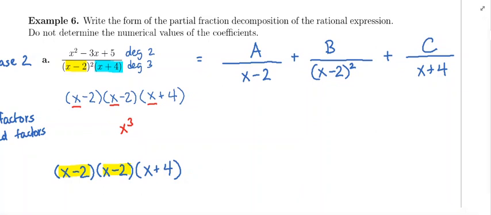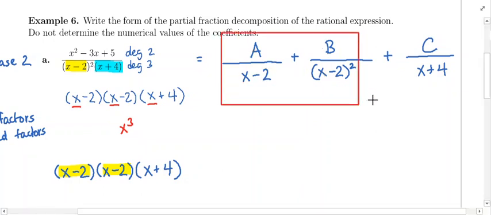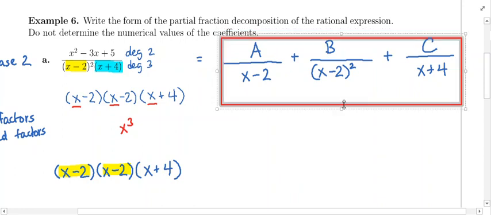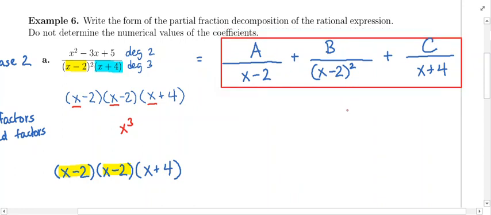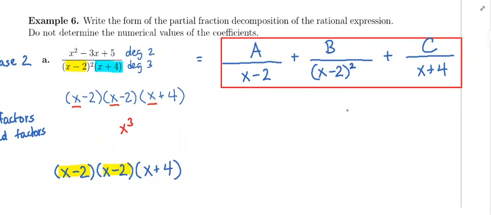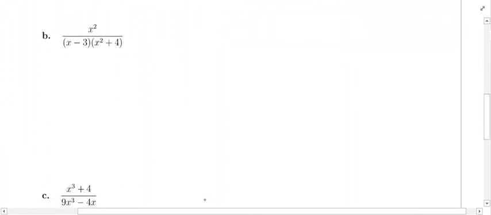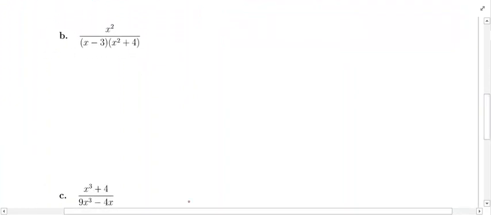So this is how you would set this one up for the partial fraction decomposition. And then you can go about your business to solve for A, B, and C if you wanted to. Again, here we're just practicing setting these things up, recognizing the case, and then setting up the partial fraction decomposition.